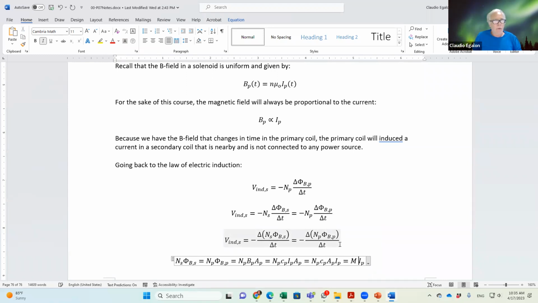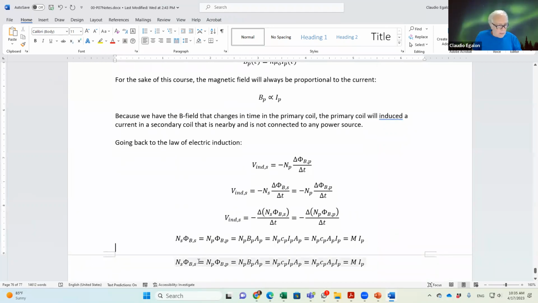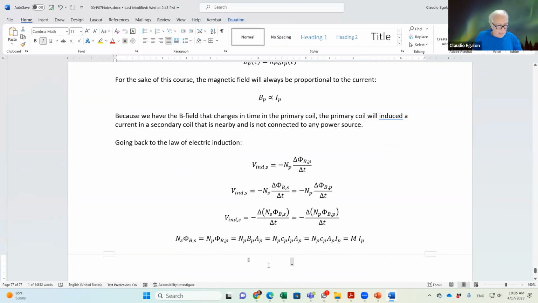That's what I call the mutual inductance, which, by the way, ends up being all that stuff that you see here divided by I of the primary. That's what the mutual inductance is all about.